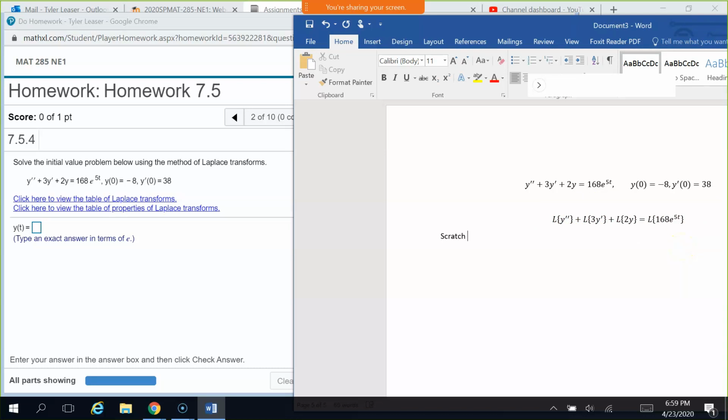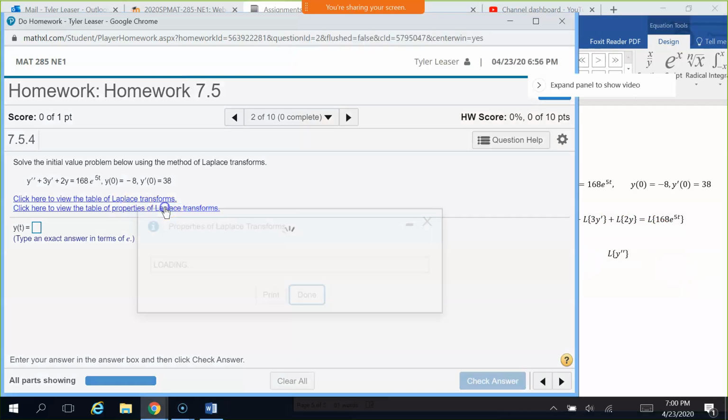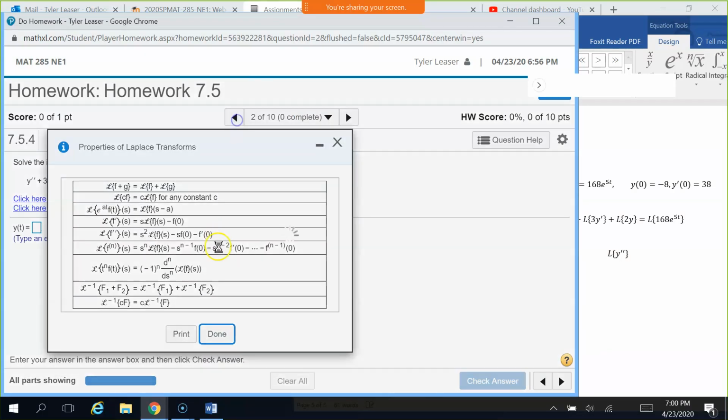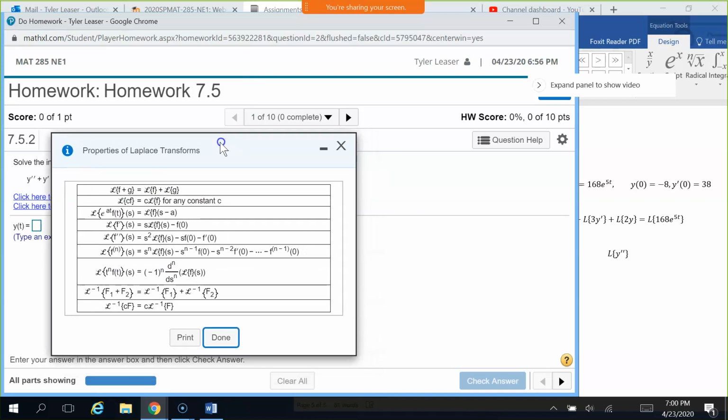Okay, then I would go over to scratch paper, and in scratch paper, I would figure out what these Laplace transforms are for each of the more difficult terms, like the derivative ones. So if we just go to our table of properties, one of the properties is derivatives. So here, this line, if I have the second derivative of the function, this is the formula.